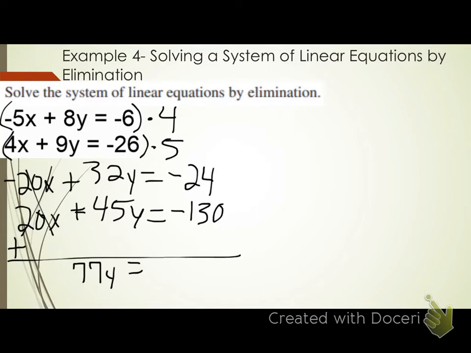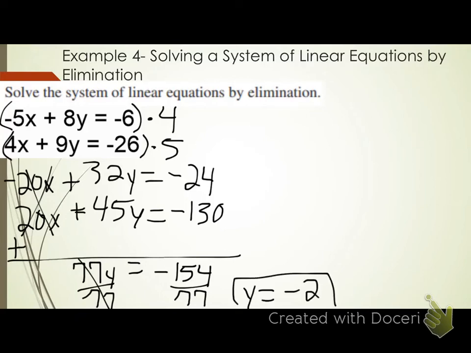And negative 24 plus negative 130 is negative 154. How do I get y by itself? Divide by 77 on both sides. Y equals negative 2. Questions how I got that there?